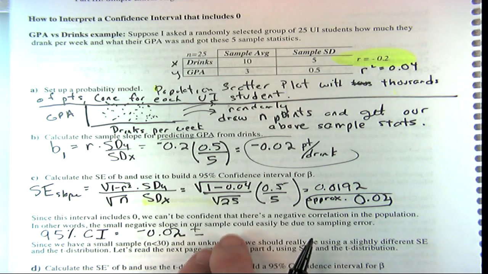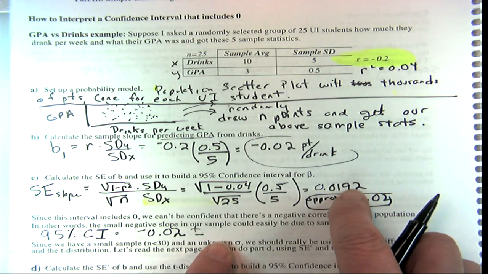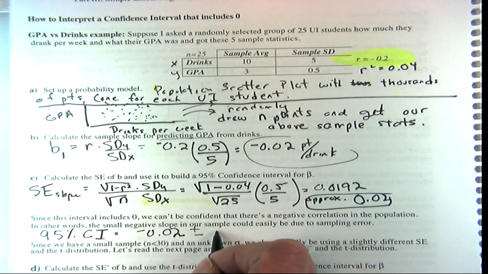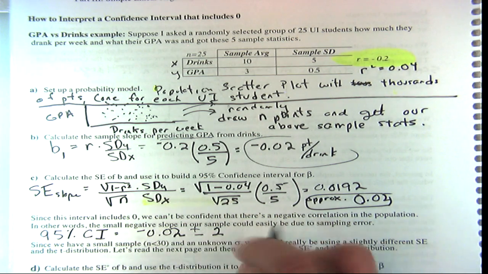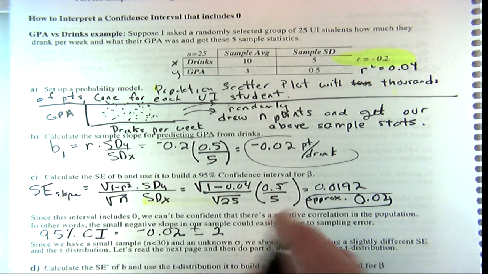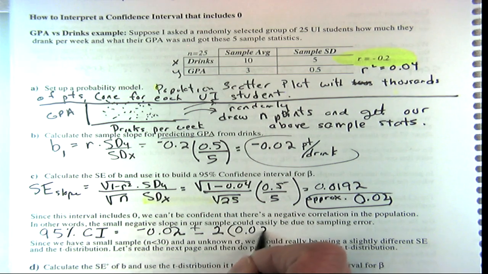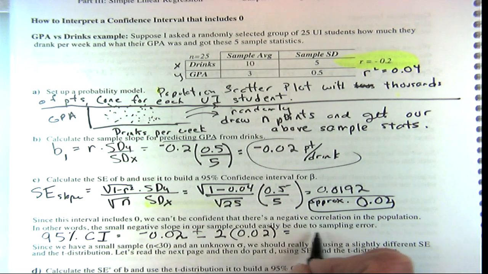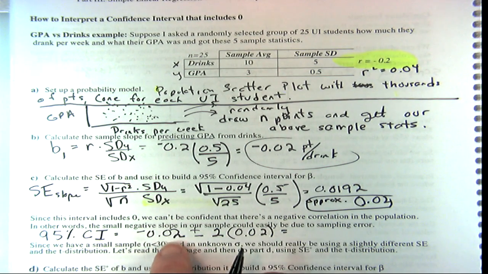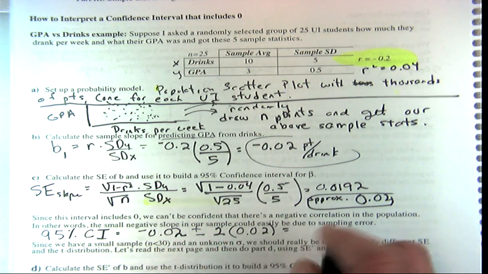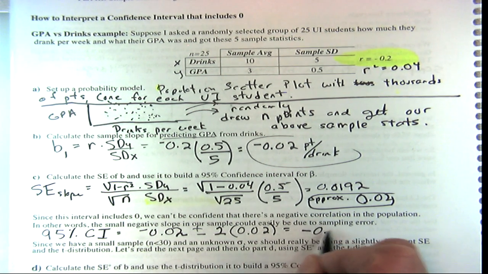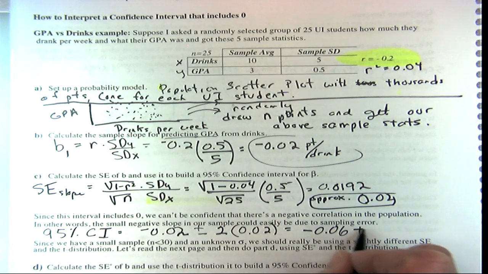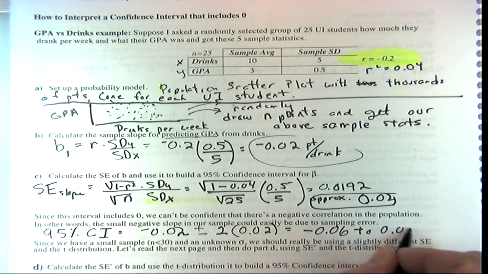Theoretically, we should do 1.96 times that. But I just want to do it in my head, so I'm just going to say 2, plus or minus 2 times our standard error. So we get negative 0.02 minus 0.04, so we'll get negative 0.06 to 0.02.